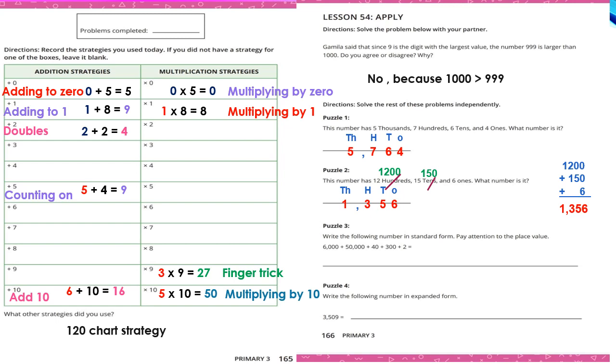Number 3. Write the following number in standard form. Okay, let's collect all of this number in one number. What shall we do? Put the place value on the result. Ones, tens, hundreds, comma, after 3 digits we must put comma, thousands and 10,000s. Here, 6 has 3 zeros.